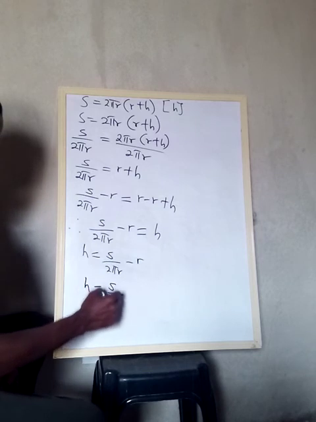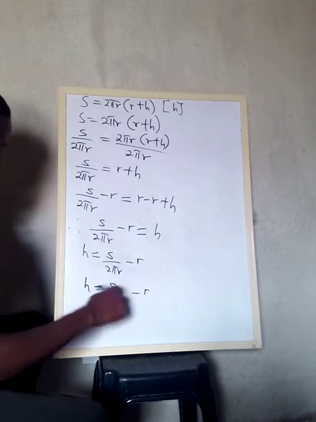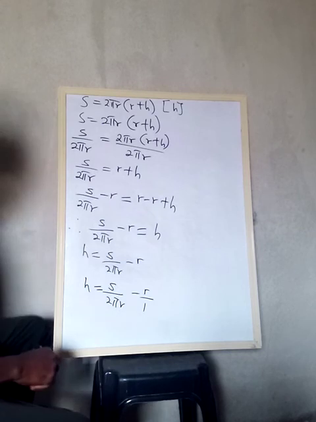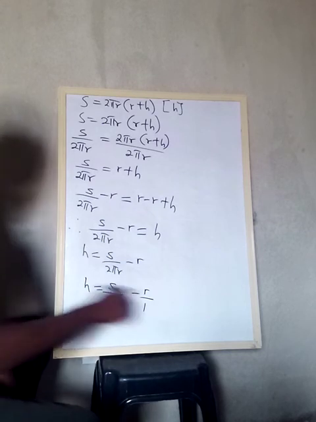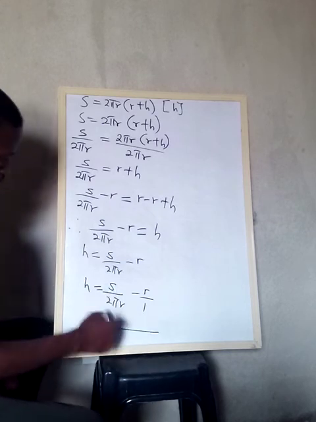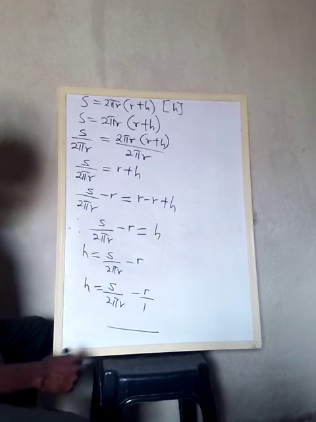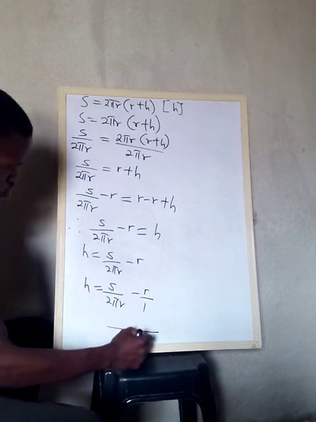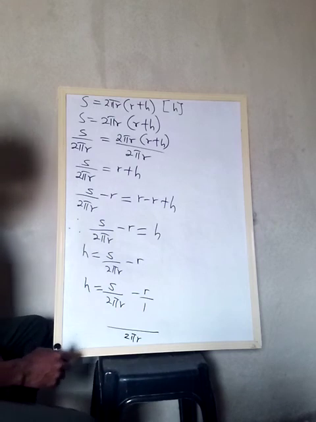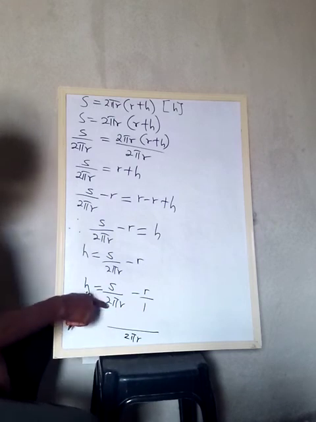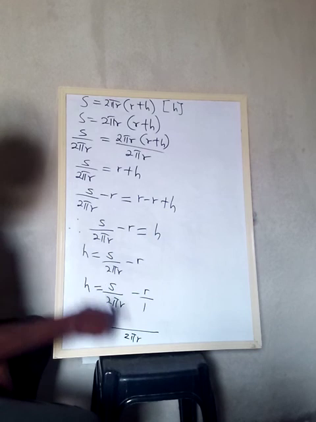We have S over 2πr minus r. This is a fraction. Make this a fraction by dividing by 1. To subtract this, usually you find the LCM of the denominators. 2πr and 1, the LCM is 2πr. After that, 2πr will divide the denominator, and whatever you get is multiplied by the numerator.